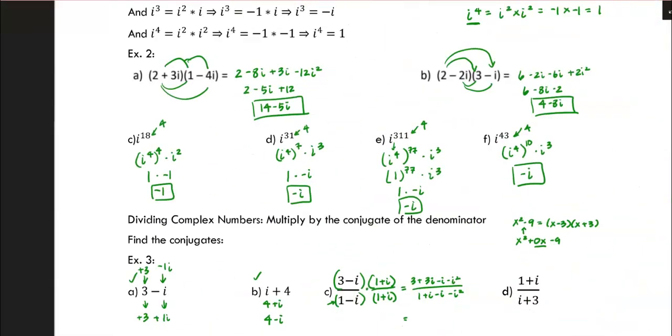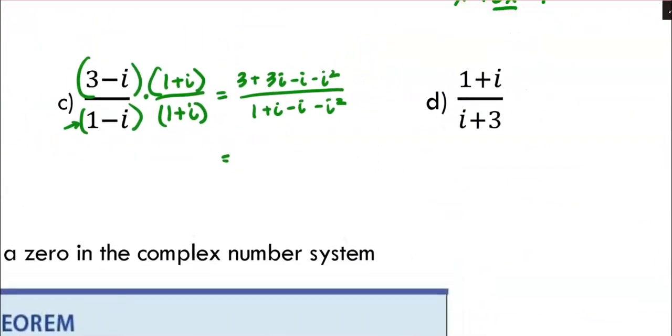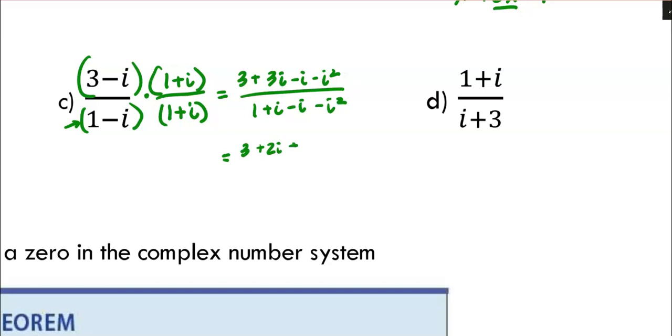So this is going to give you 3 plus 2i plus 1 over 1 plus 1, because this ends up becoming -1, so -1 times -1.